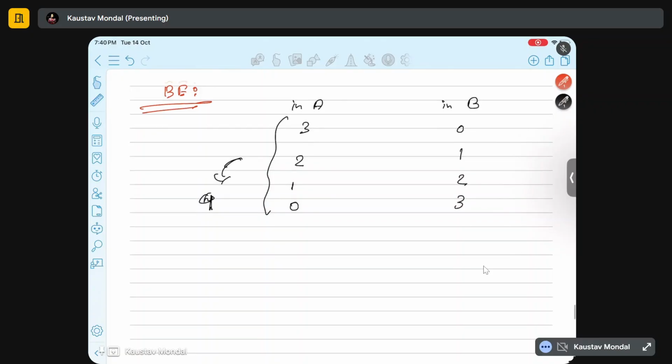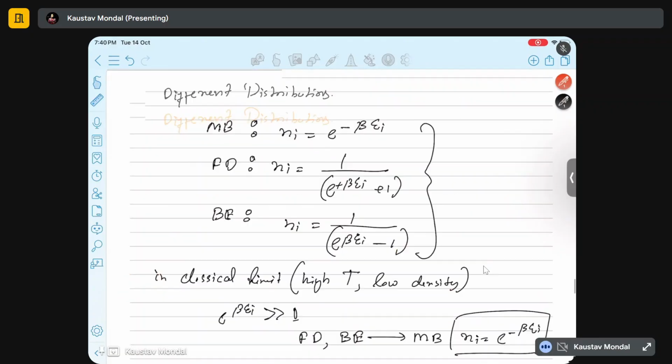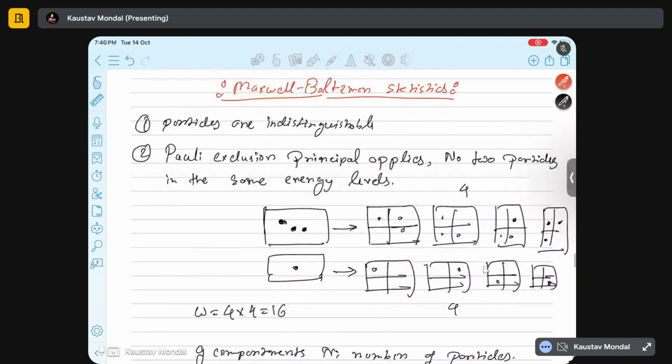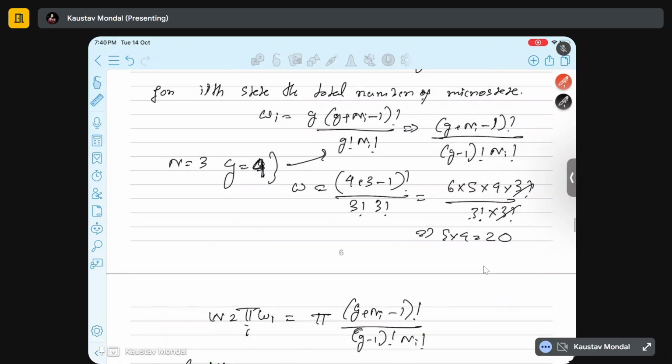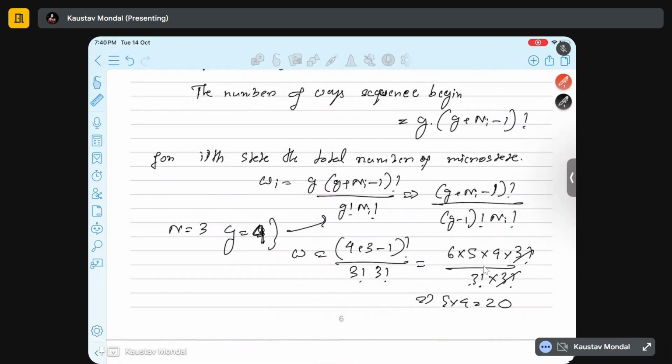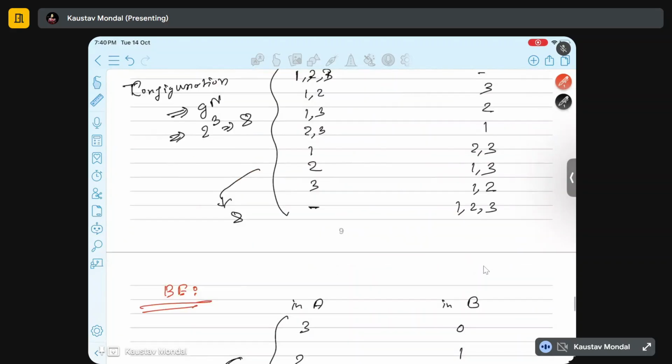For BE statistics, there is also a formula. We can use this formula in our problem to check whether the result is correct or not.